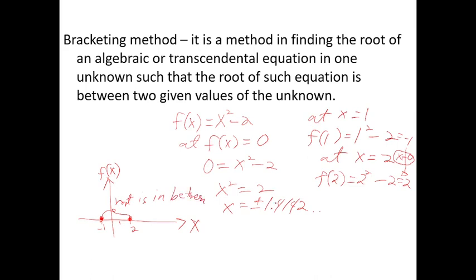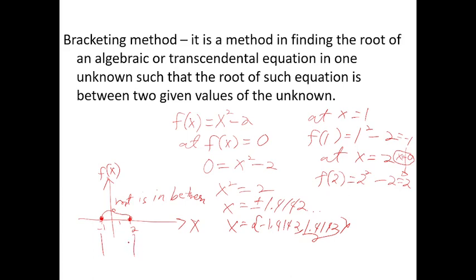Kasi ang sagot ay disregard muna natin. So, dalawa yung sagot dyan eh. Pero ang kinonsider natin ay yung positive value. Negative 1.4142. Positive 1.4142. So, ito yung ating ngayon, exact na sagot. So, ibig sabihin, yung x na 1.4142, nasa gitna ng negative 1 and 2. So, kaya sinawag siyang bracketing method.